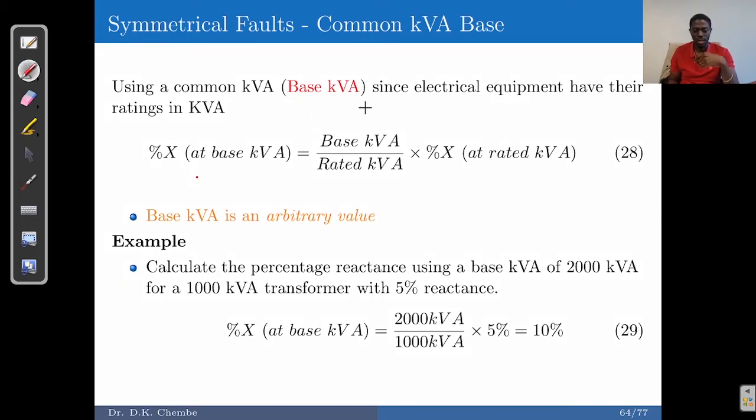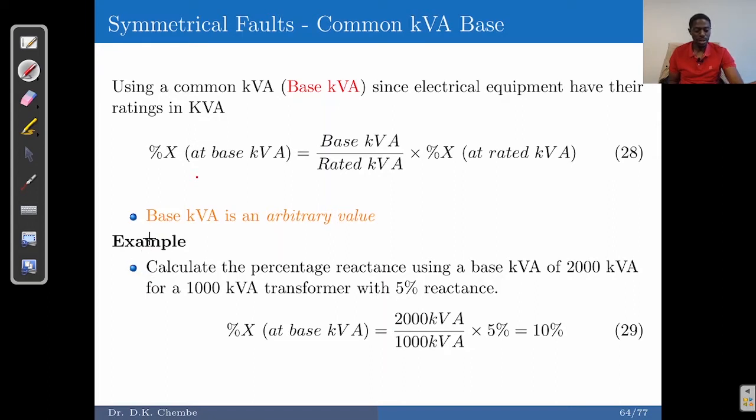To obtain the percentage reactance at base KVA, it is equal to the base KVA that you choose over the rated KVA multiplied by the percentage reactance at the rated KVA. And bear in mind that this KVA is an arbitrary value, meaning you can select whatever value you prefer based on the system you're dealing with.